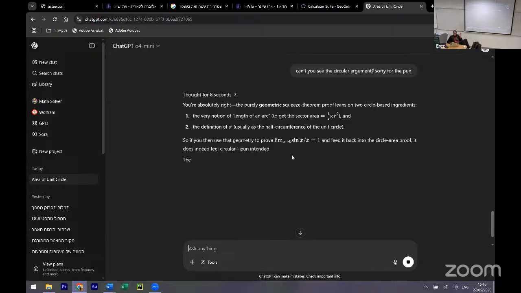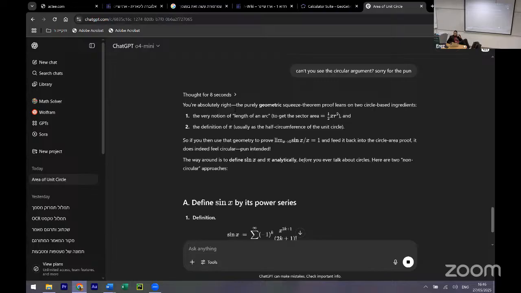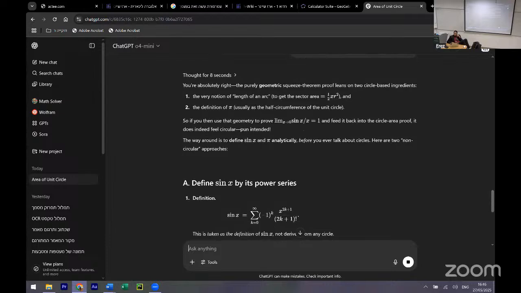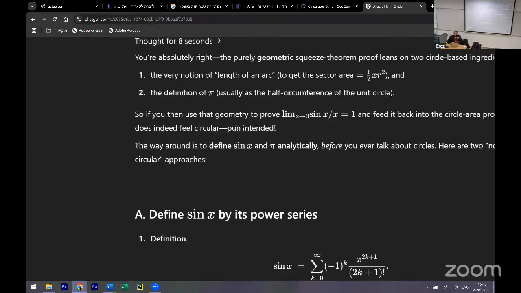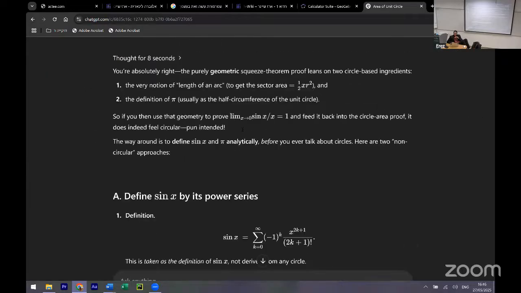You are absolutely right. And the very notion of length of an arc and the definition of pi. So then you use that geometry to prove sine of x over x and feed it back. You got it. Pun intended. It's scary, ChatGPT's banter is even good.